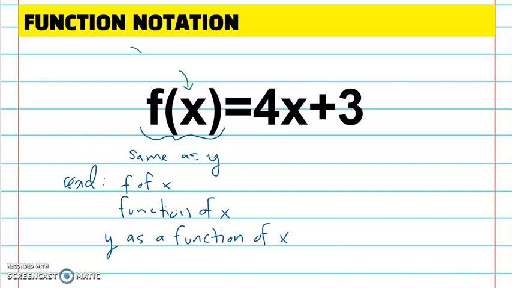This x represents my x value, or the x coordinate, because we're going to see today that functions are really giving us ordered pairs. There's a whole relationship between graphs, equations, tables, and ordered pairs.